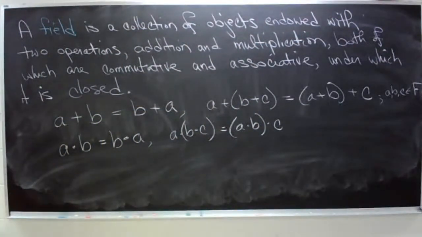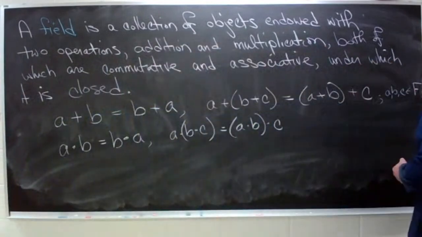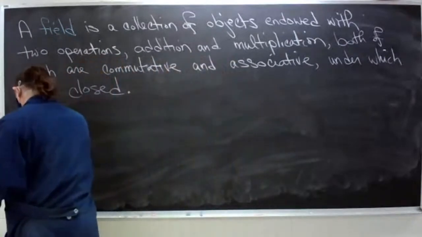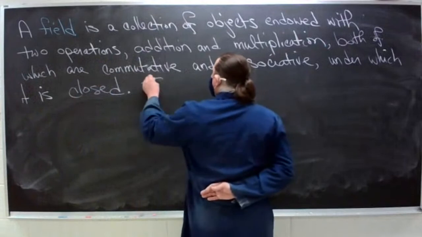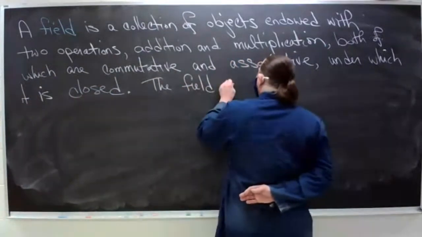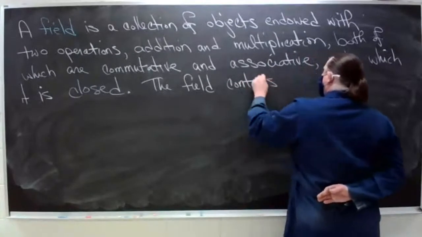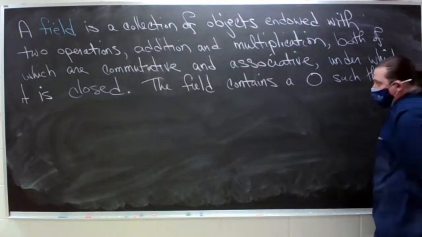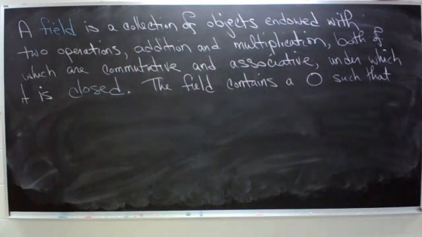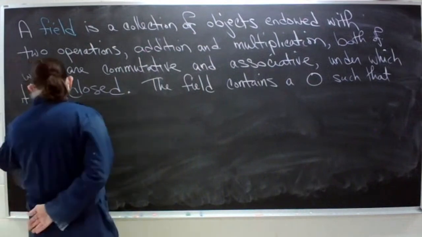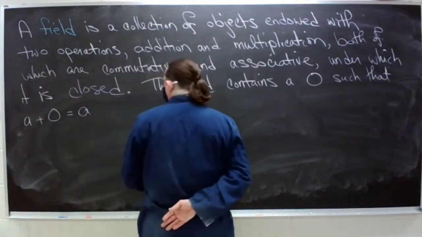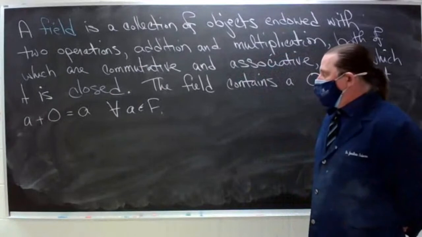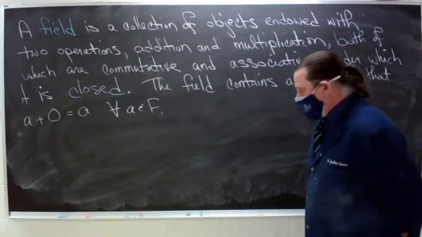We also need an additive identity, which we're going to call 0, that satisfies the property A plus 0 equals A for every element A of the field. All right?